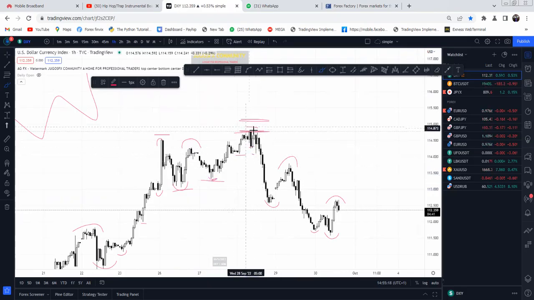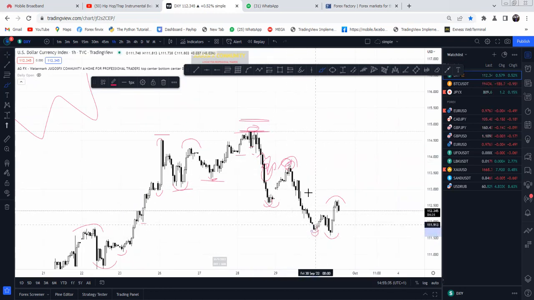When you have a swing move like this from up to bottom, any swing low that you see inside this range on a smaller time frame is called internal range liquidity. Then when price gives a move like this, any swing high that you see there is called internal range liquidity. Those are the things that you have to consider.